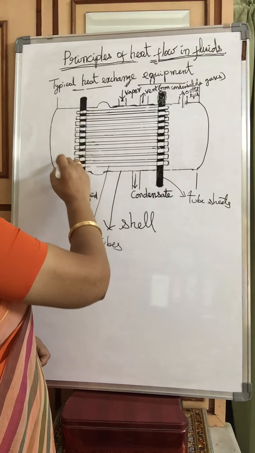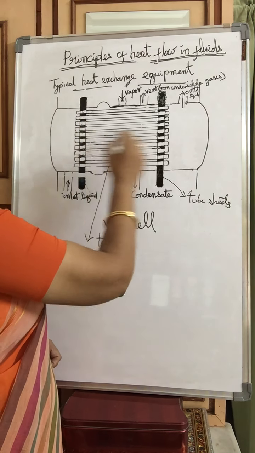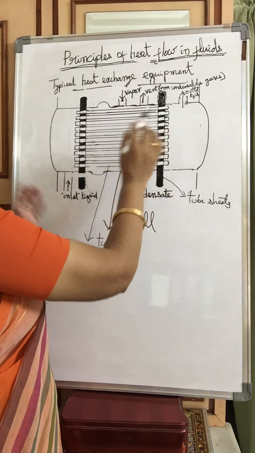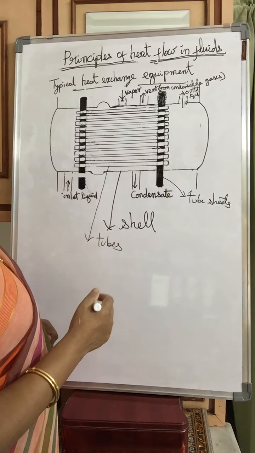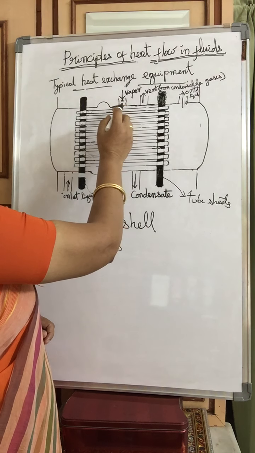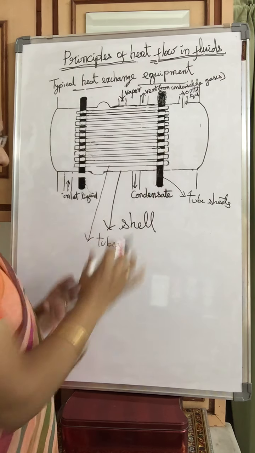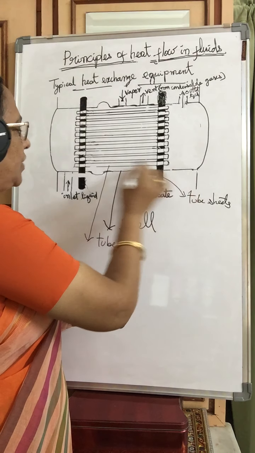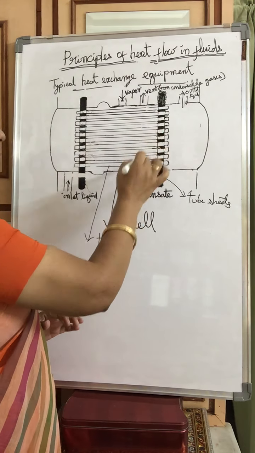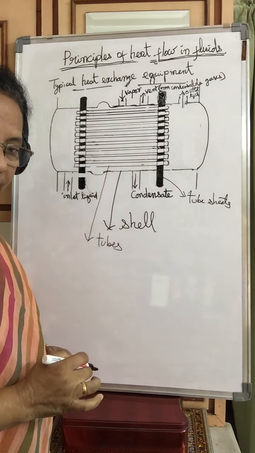And here this is one chamber, and this is another chamber. 2 chambers, at one end and at the other end. Now if you observe this, the shell thickness is more compared to the tube wall thickness. Why?